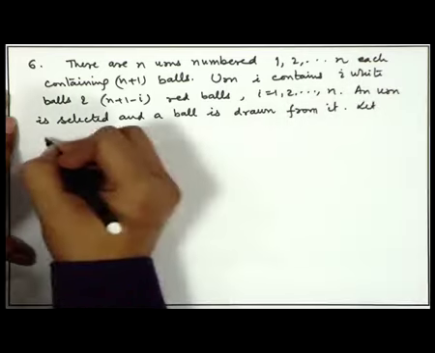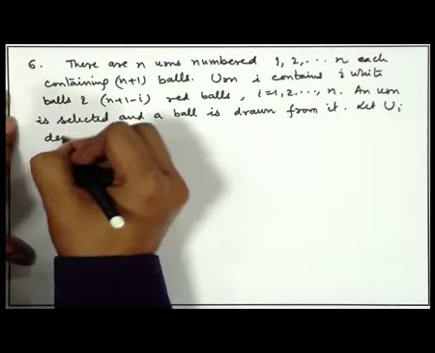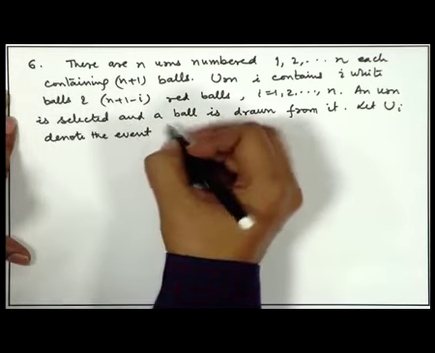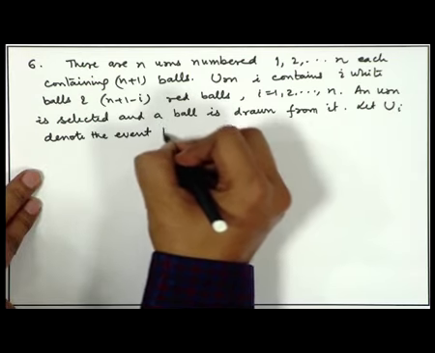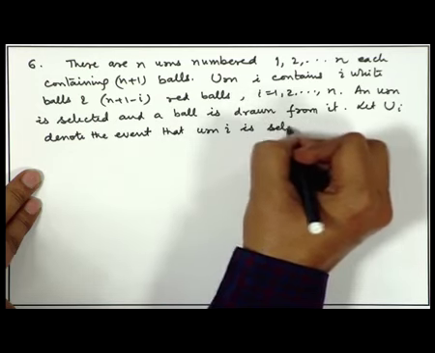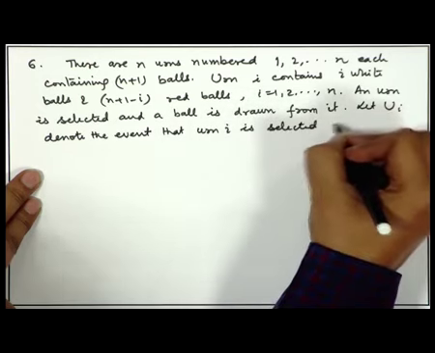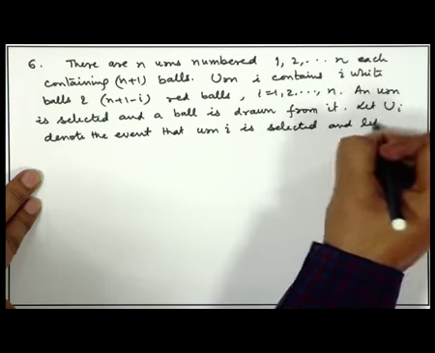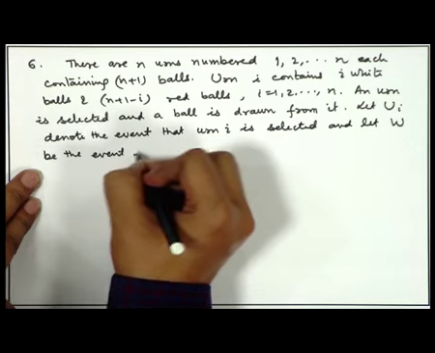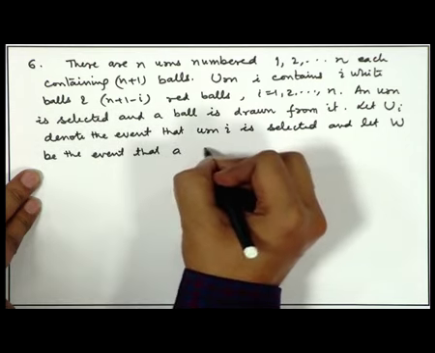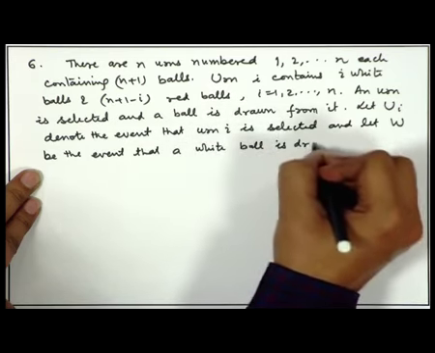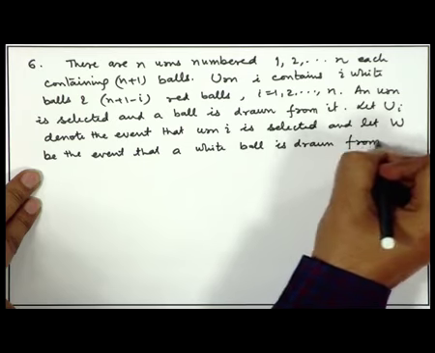Let ui denote the event that urn i is selected and let w be the event that a white ball is drawn from the selected urn.